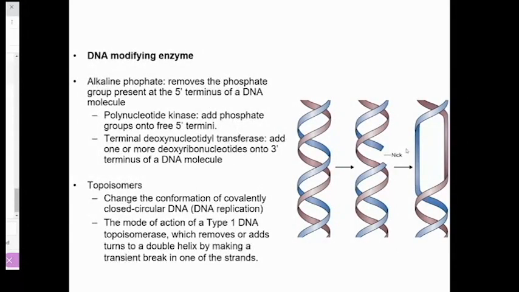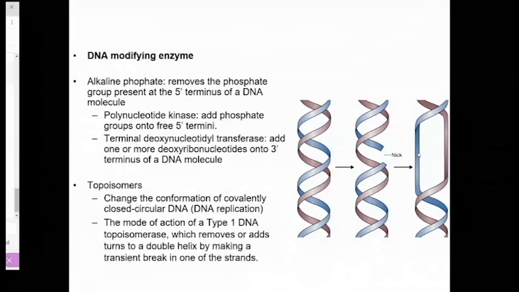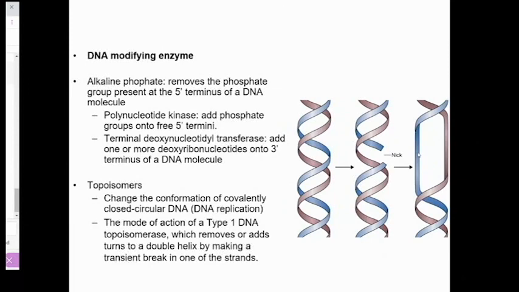And for DNA modifying enzymes, there's topoisomerase, and the important one is gyrase. In bacteria it is a topoisomerase 2, because it can cut, and it is located in front of the replication fork, so it can release the tension during replication.